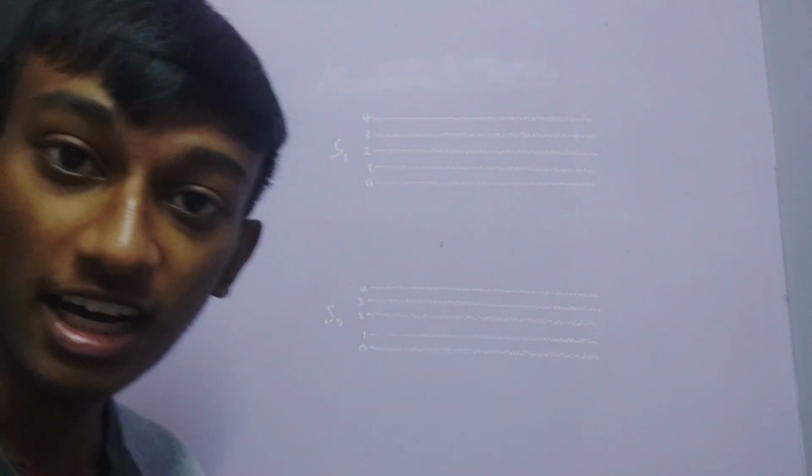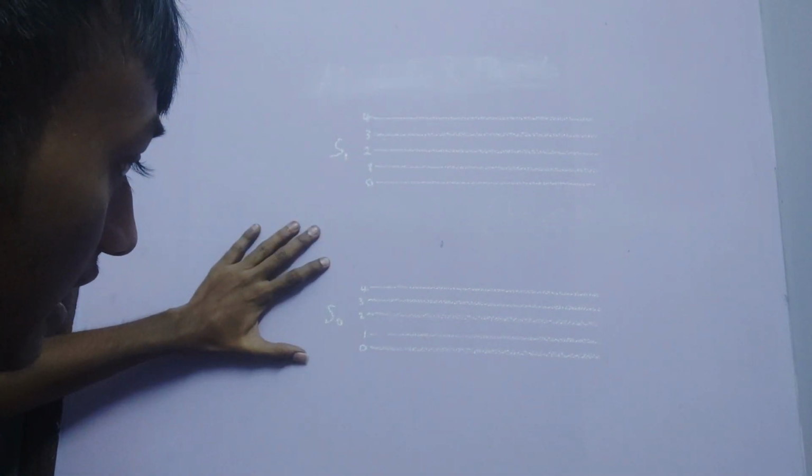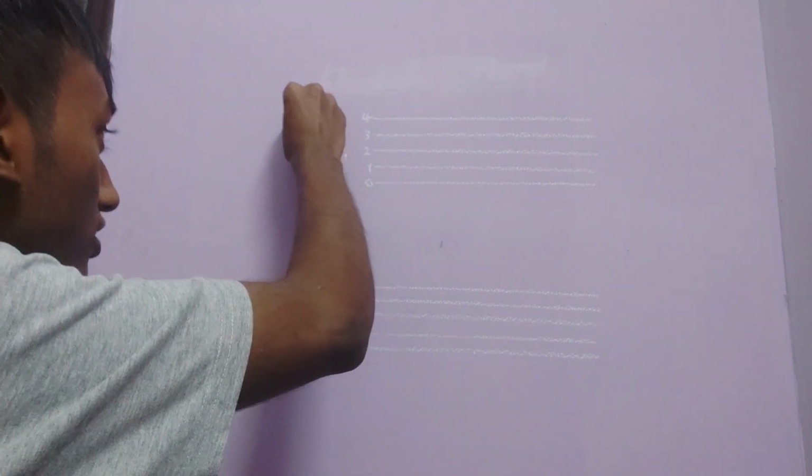Now let's learn about fluorescence using a Jablonski diagram. A Jablonski diagram is just a representative diagram explaining fluorescence and phosphorescence in disgustingly minute detail. This S0 and S1 represent different energy states, and you can see this energy state is much lower than this energy state in terms of energy. Like this.